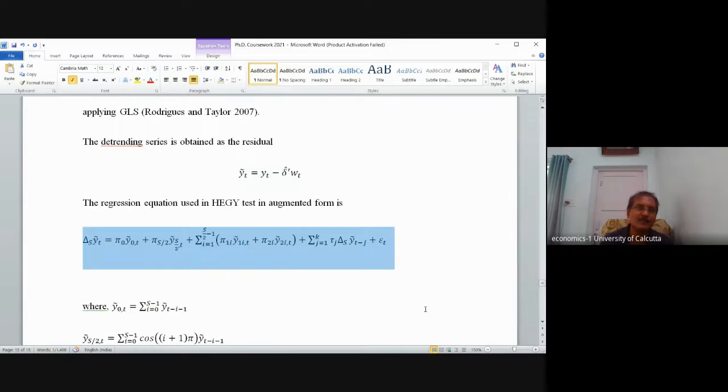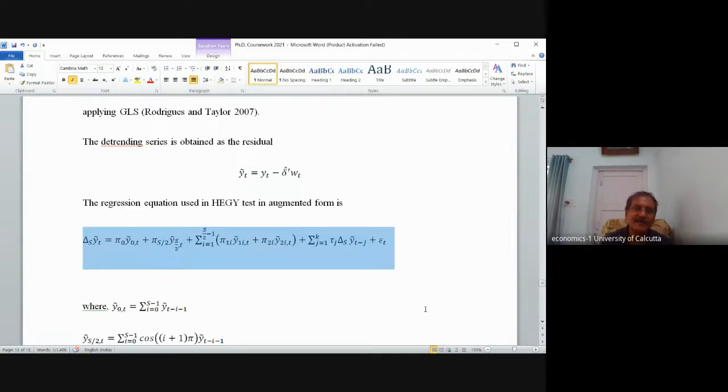YT tilde is the detrended value for Y. Is equal to pi naught Y naught tilde T plus pi S by 2 Y tilde S by 2 T plus sum of pi 1 I Y tilde 1 IT plus pi 2 I Y tilde 2 IT.